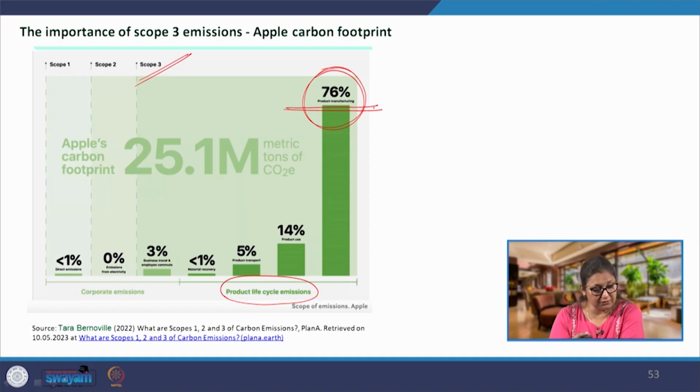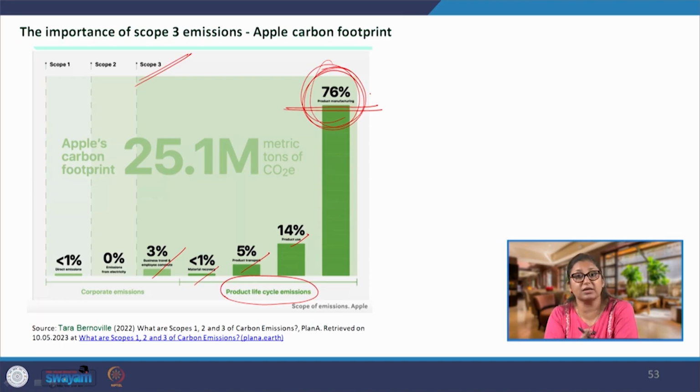What they are covering as part of the scope 3 emissions, if you see, is business travel and commute, which often we will find, the material recovery, the transportation of the product, the use of the product. So, all of that is put in scope 3, the indirect emissions where the company does not have control. However, this product manufacturing needs to be checked and verified depending upon the agreements.